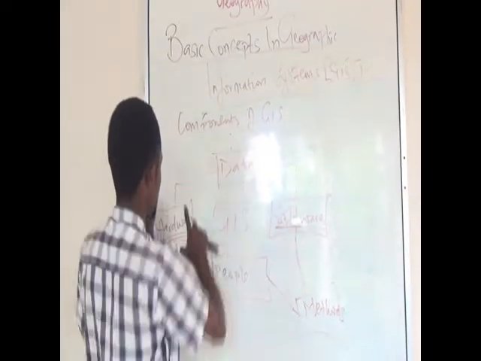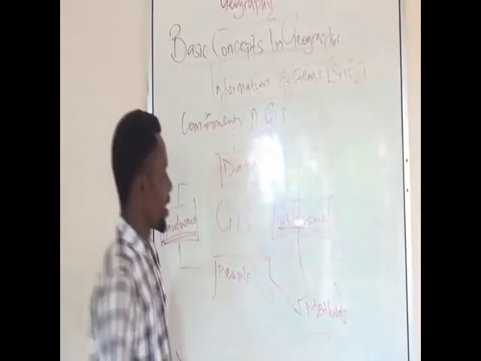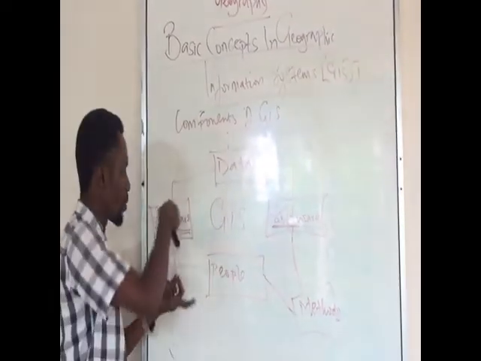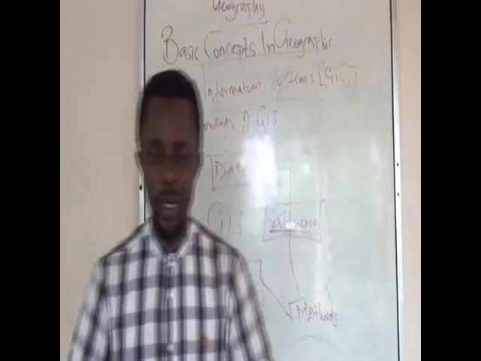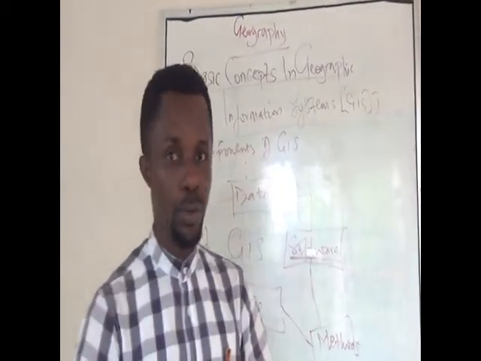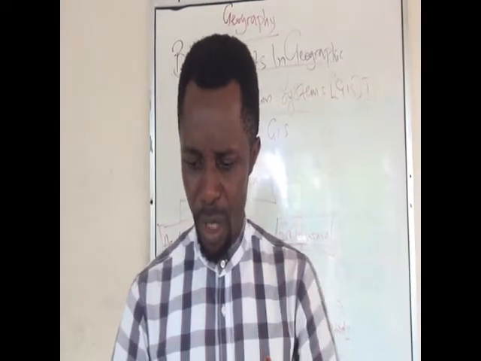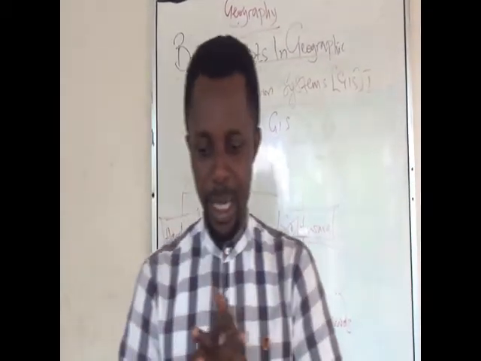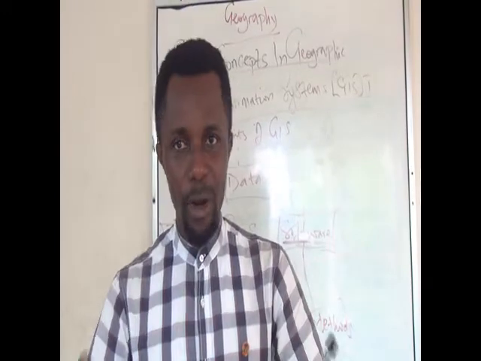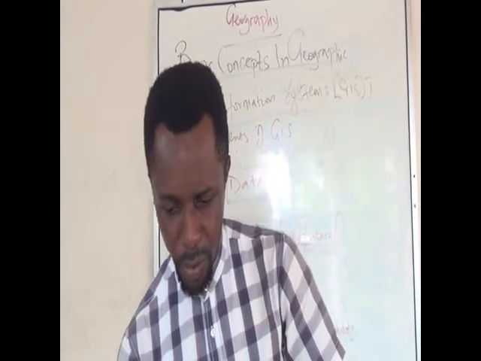So, the hardware is the frame. The software are those tools that work in the frame. Without software, it will be difficult to manipulate any data. Tools for input and manipulation of geographic information, a database management system. These are all parts of GIS software.